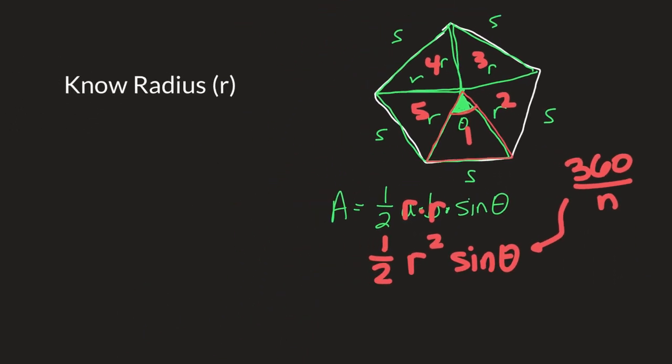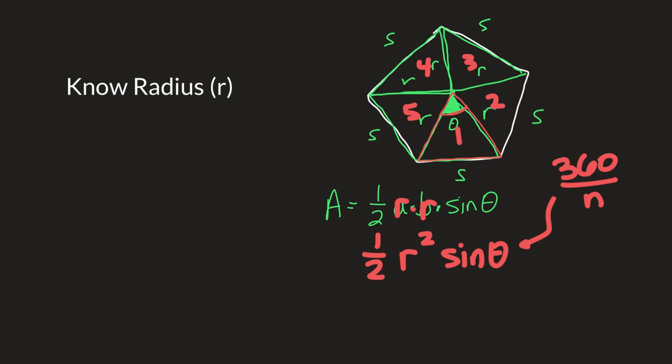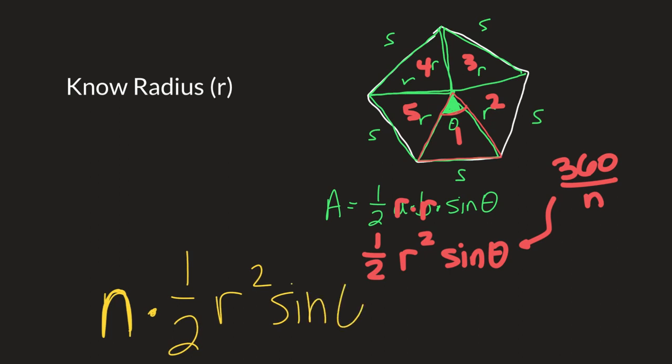So because we're trying to derive a formula for all of them, if it's the number of sides that is determining, that variable is n. n is what determines the number of sides. n times our triangles, 1/2 of r squared times the sine of theta. So if we know the radius, we want to use this formula in order to calculate the area.